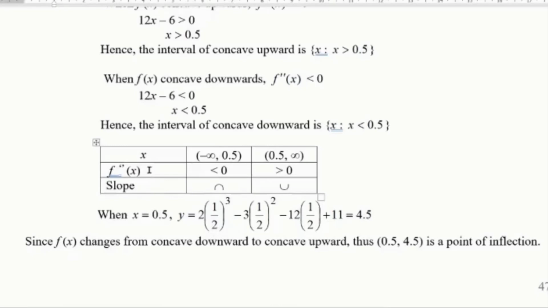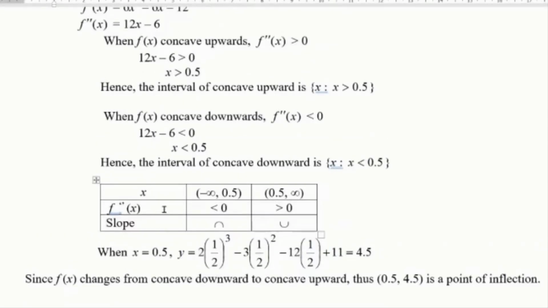So you're interested in inflection point only. You are not interested in whether it is negative inflection or positive inflection. Positive inflection, negative inflection, that one is when we sketch the graph, and then we have to know. But now you are not interested in sketching the graph. You just want to identify the point of inflection. So just slightly N shape.